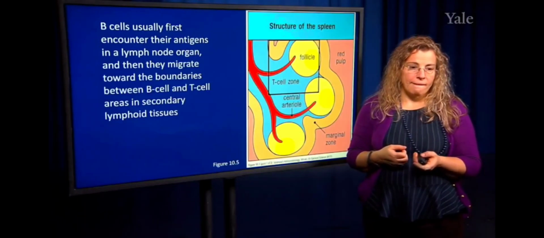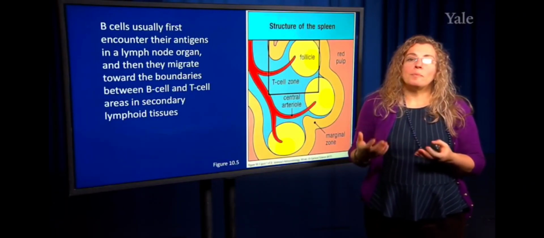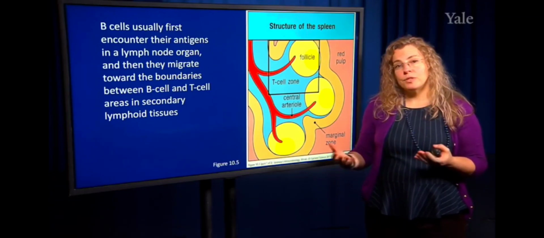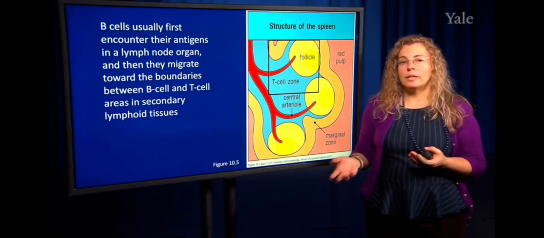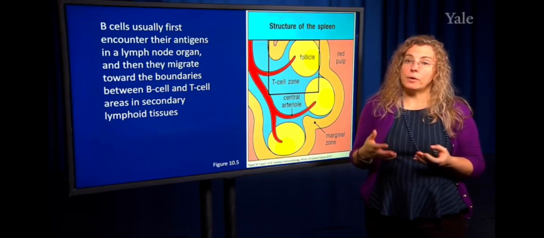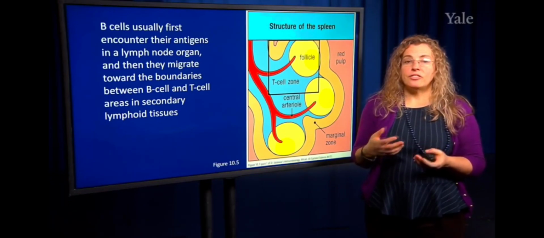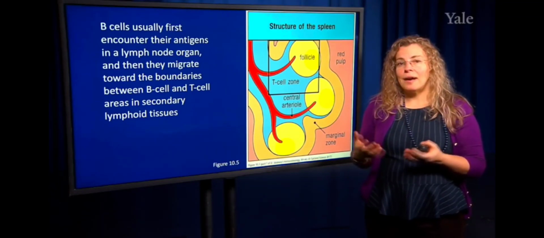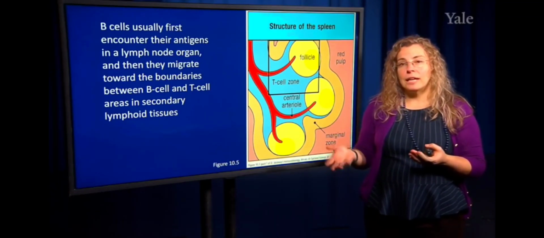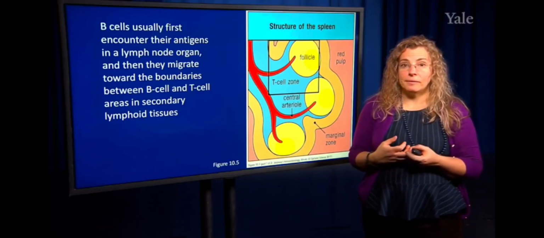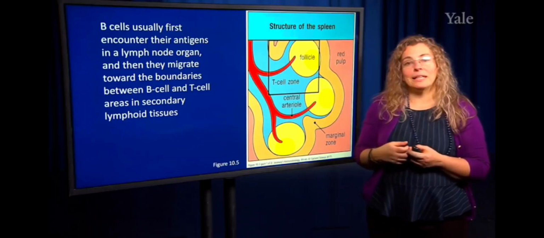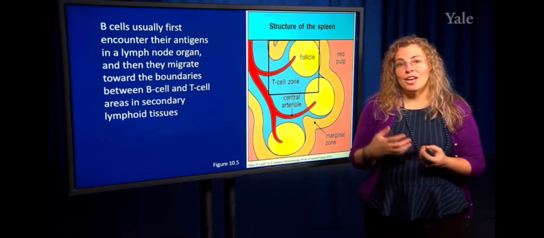Now, where do B cells see antigen? If you think about how our immune response is initiated, normally we have innate cells at a barrier site, such as the skin or in your lungs or a mucosal site. They're at sites in your body where you're likely to have a foreign antigen come in. But that's not where B cells are. B cells live in the spleen and live in the lymph node. So how does a B cell see antigen?